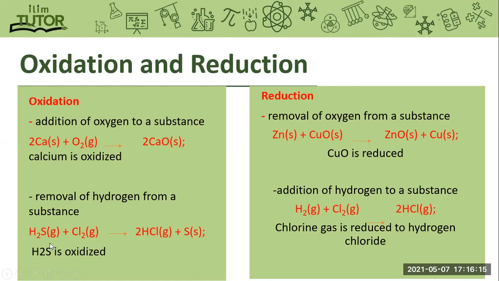Why? There is removal of hydrogen. The hydrogen that was with sulfur before in hydrogen sulfide has been removed, so I now have sulfur alone. This is simple oxidation. Anytime there's a removal of hydrogen from a substance, it's oxidation.